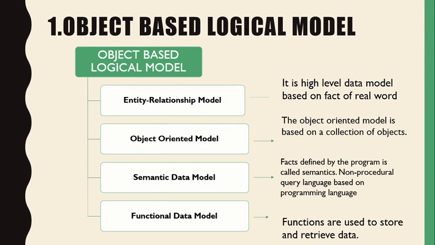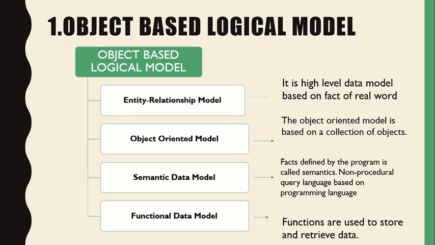Then the object-oriented model, where objects means the model consists of collections of objects. Objects means a particular entity, that is an object. Then the semantic data model is defined by a non-procedural query language such as Prolog, which does not require the query but performs the data processing.